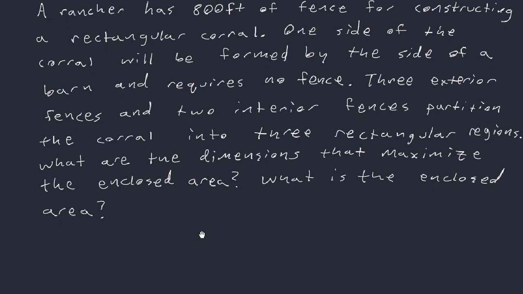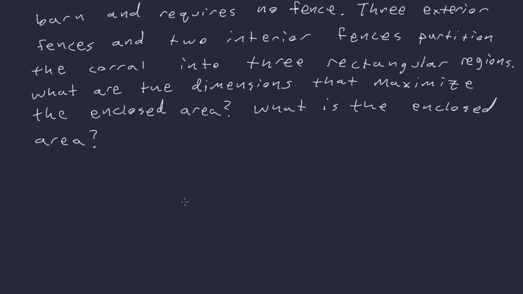So let me draw a picture of what we're talking about here. We have a barn here. Okay, so here's our barn. One side of the corral is made by the barn, and then we have the fence here. It's going to look something like this.